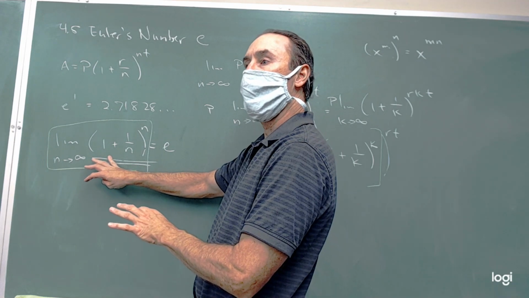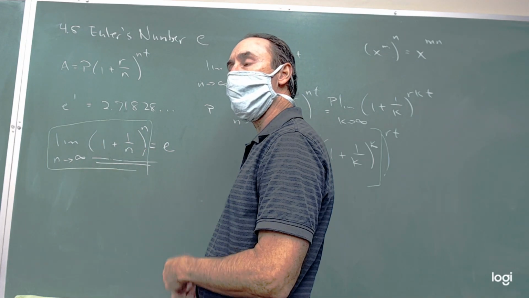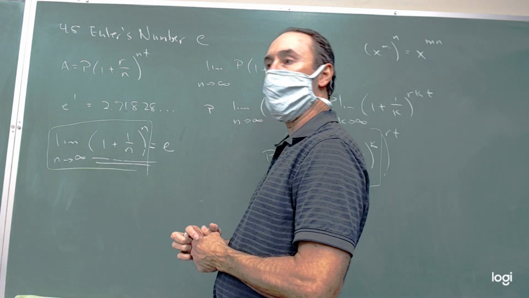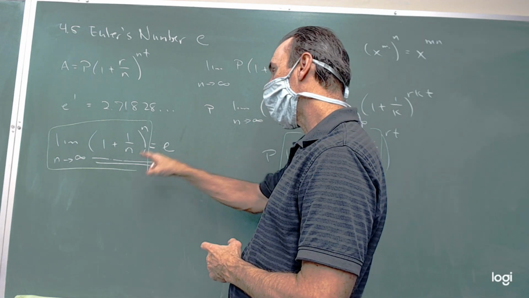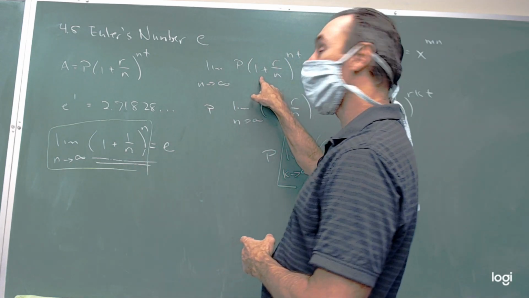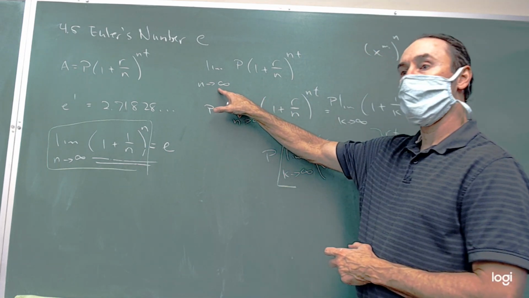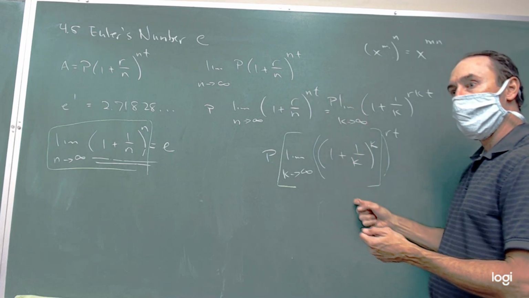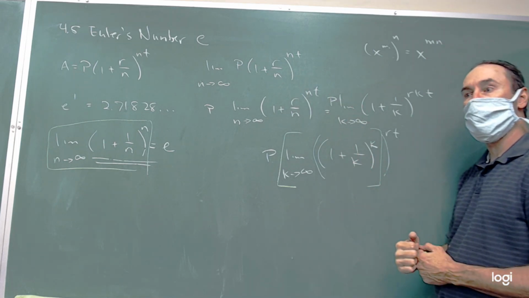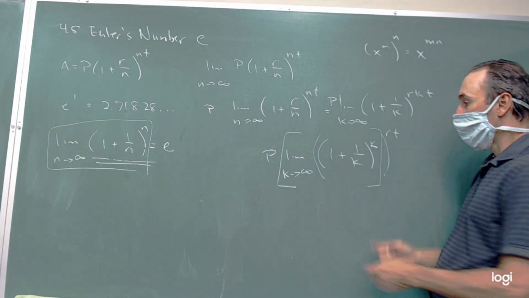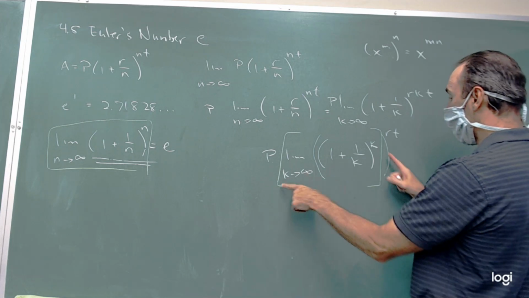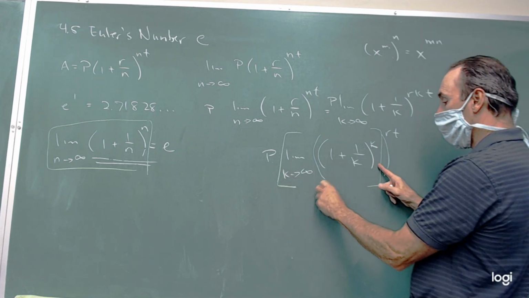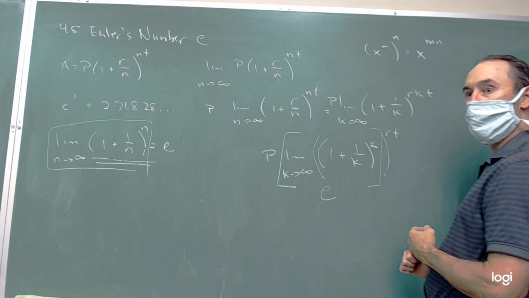I hadn't even really brought up this whole idea of compound interest. And I said, wait a minute, if we introduce this limit as n goes to infinity, the number of times we compound it, I think we can bring this E into play, and we are. And so this whole thing here that I boxed in green is going to converge to Euler's number.